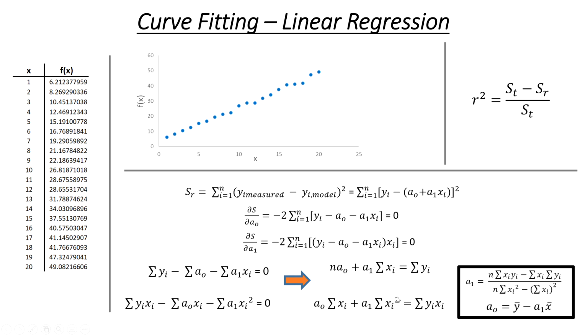These two equations created a1, and also factoring in the average of y and the average of x, we can use this expression here to get a0. So very, very simple. And a1 and a0 are defined entirely in terms of the data points. If there's one thing that you would take out of this entire lesson, it is these two equations for linear regression. That's all you really need to know.